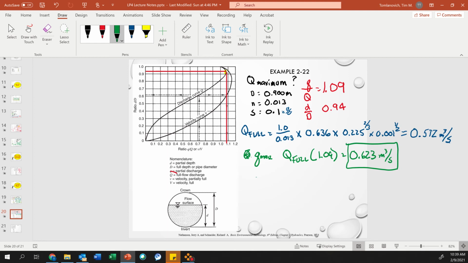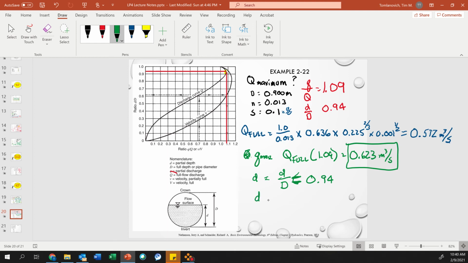What's our partial depth? Partial depth divided by full diameter equals my ratio of 0.94. Your book says 0.93.